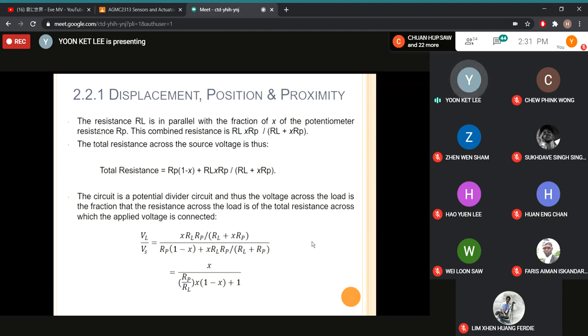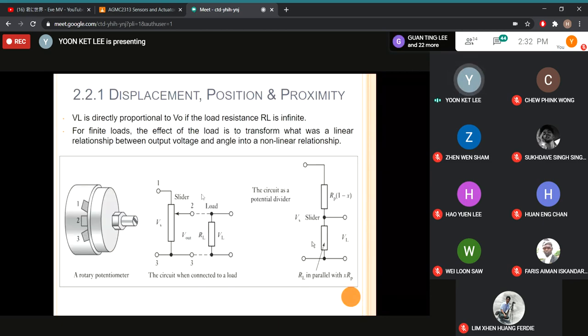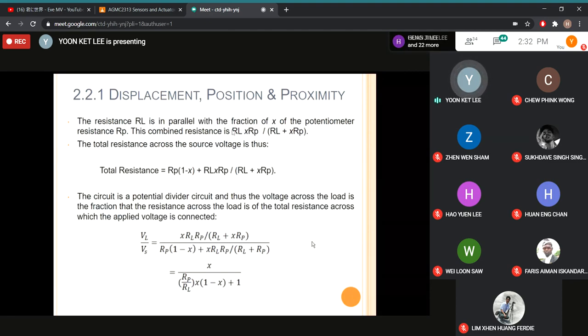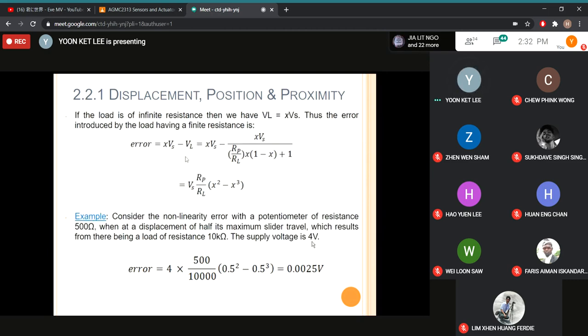After you use the resistance formulas, we get RL multiplied by RP divided by this one, because we take V equals IR, then I is the same, and we get this formula. Then we simplify it, and we get this one.